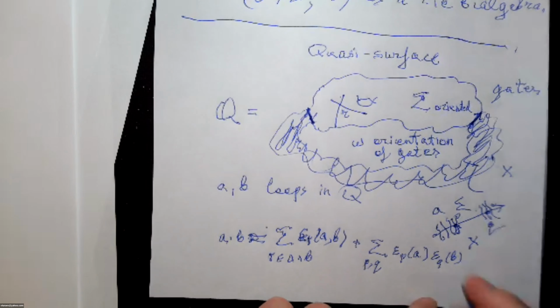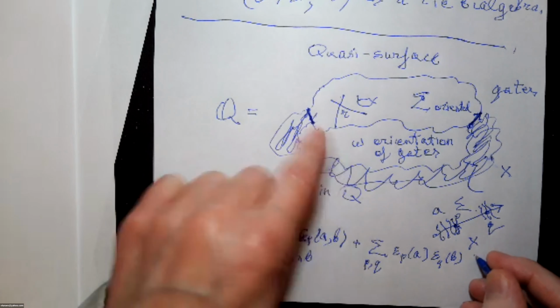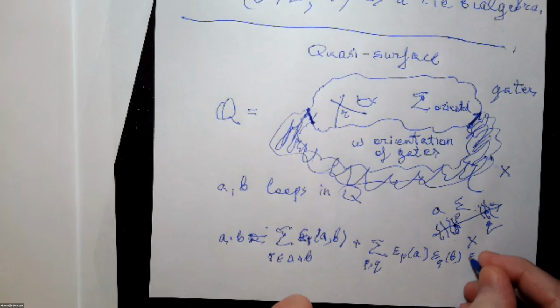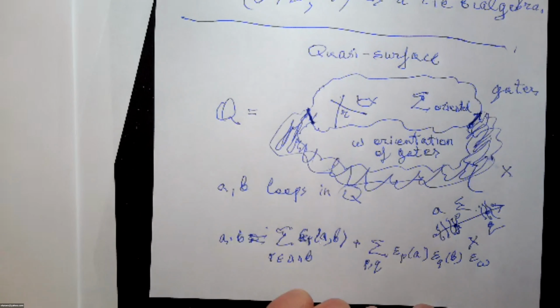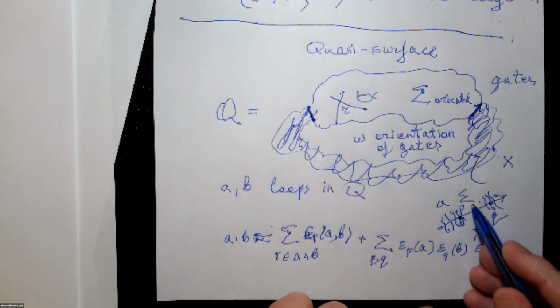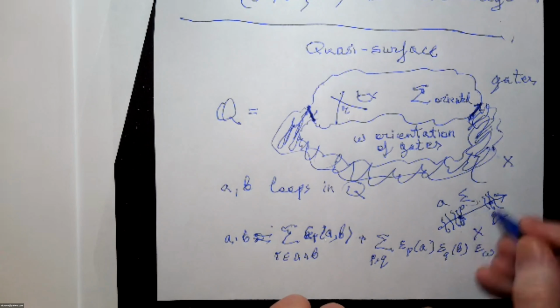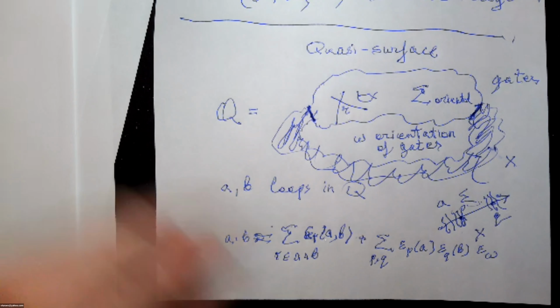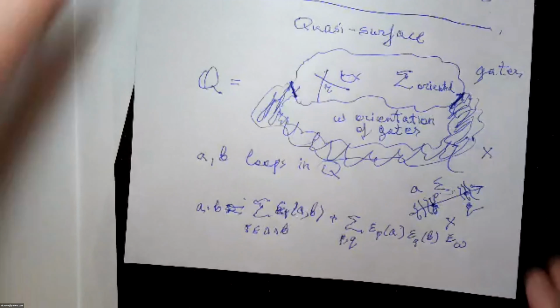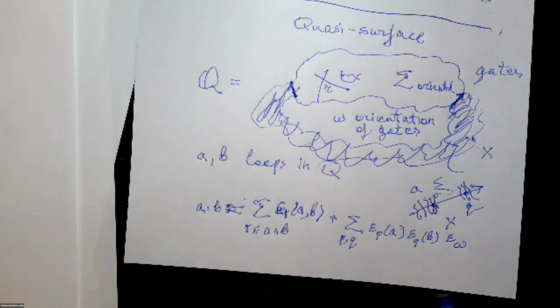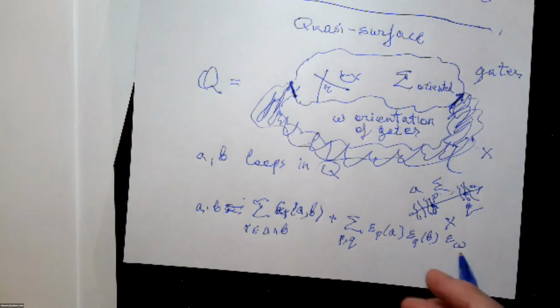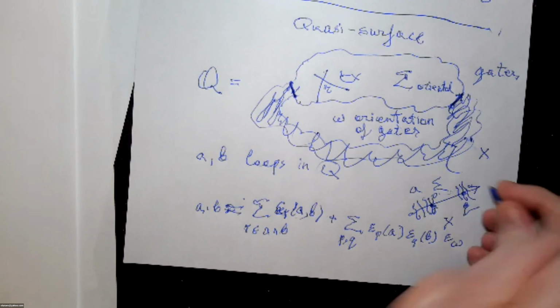And there is one more sign, which depends on omega, on the orientation, epsilon omega, which is the compatibility, whether the orientation of sigma, which is orientation here, is compatible with the orientation of the gate or not. So there are three signs. We multiply them. So let it be the gate number K.